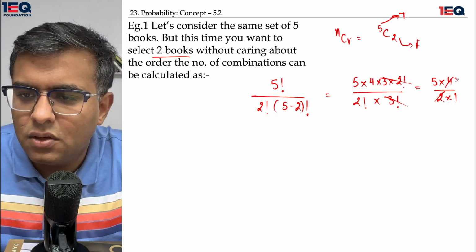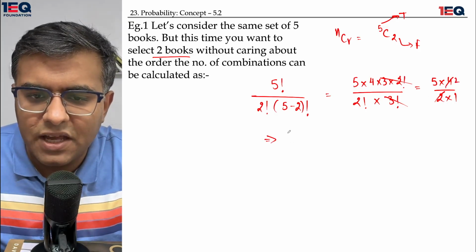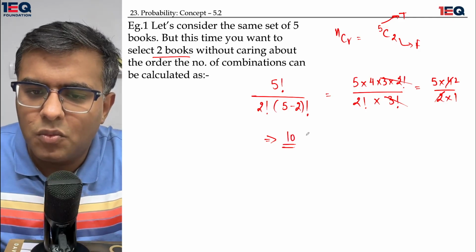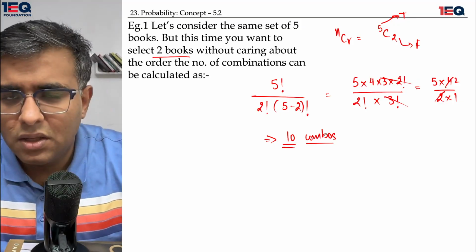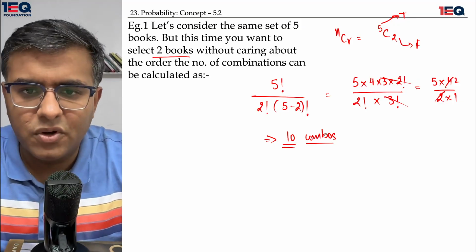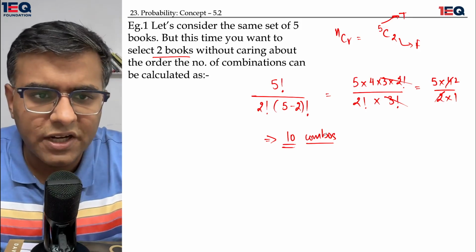So 2 ones are 2, 2 twos are 4, and the total number of combinations that can be made is 10. The answers are considerably short because the concepts are considerably short. So I hope you understood. Let's move on.